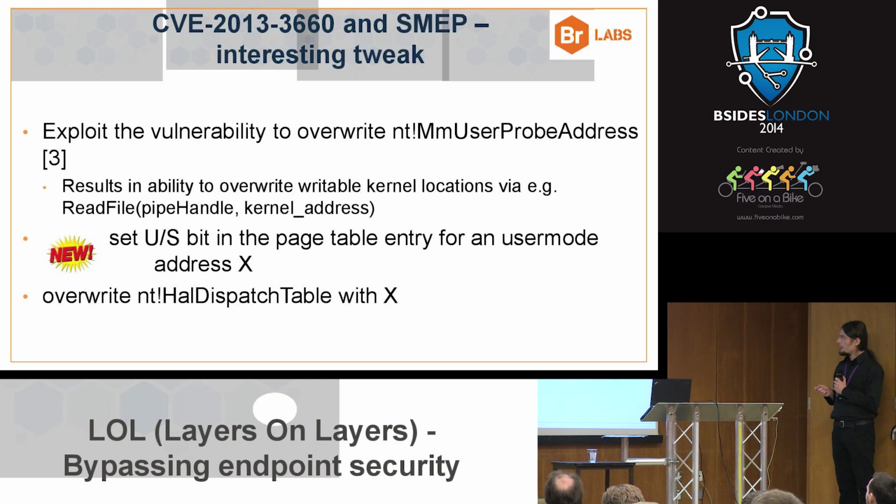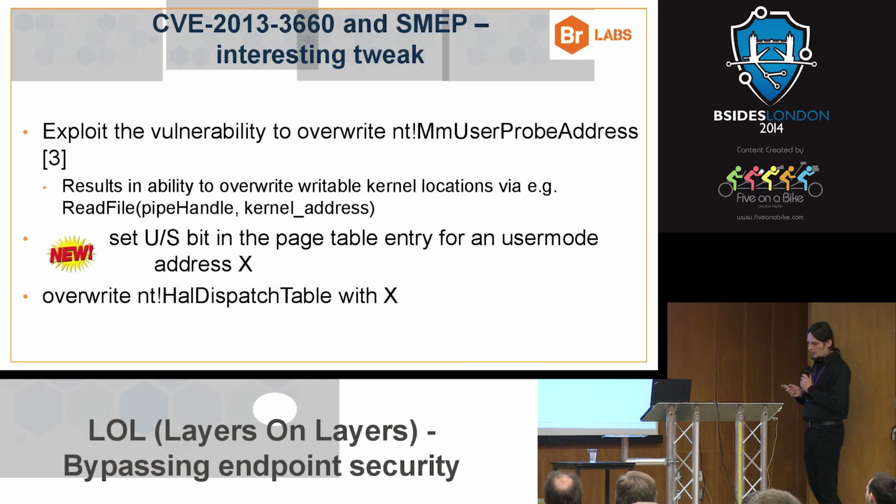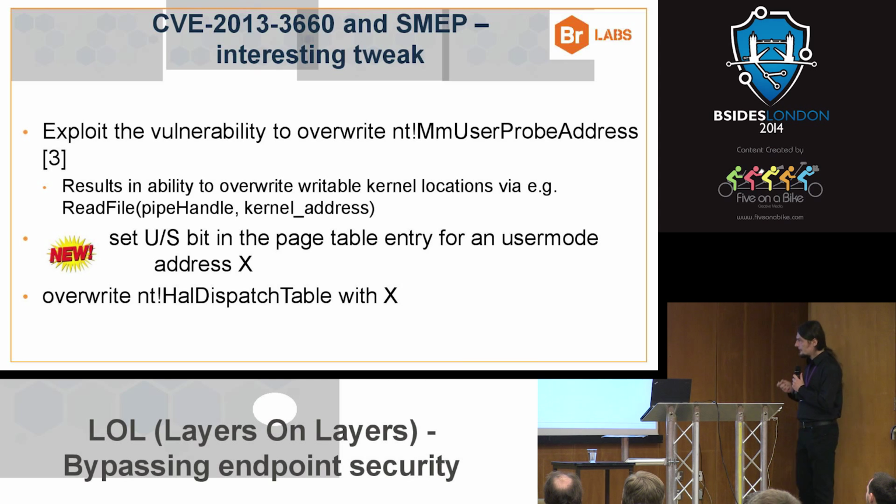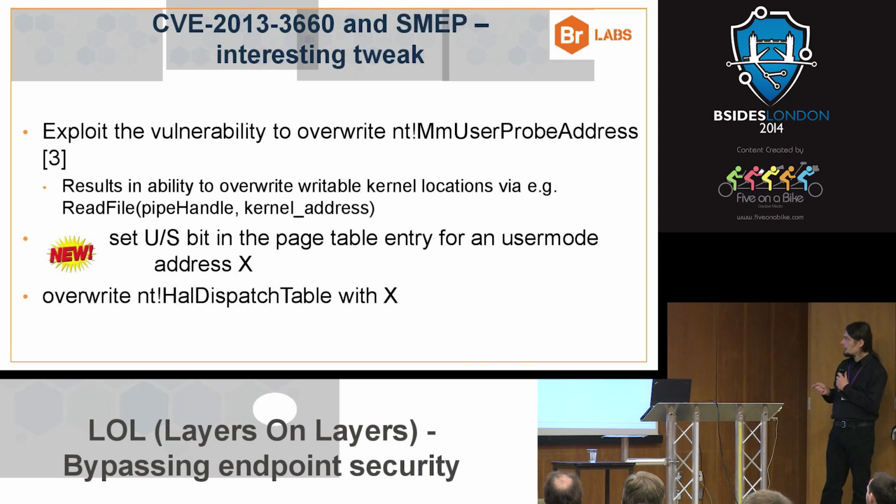This variable is consulted by the kernel whenever it wants to check whether a given address is kernel mode or user mode. So if you corrupt it, the result is that you can write to any kernel location, because you corrupted this threshold.